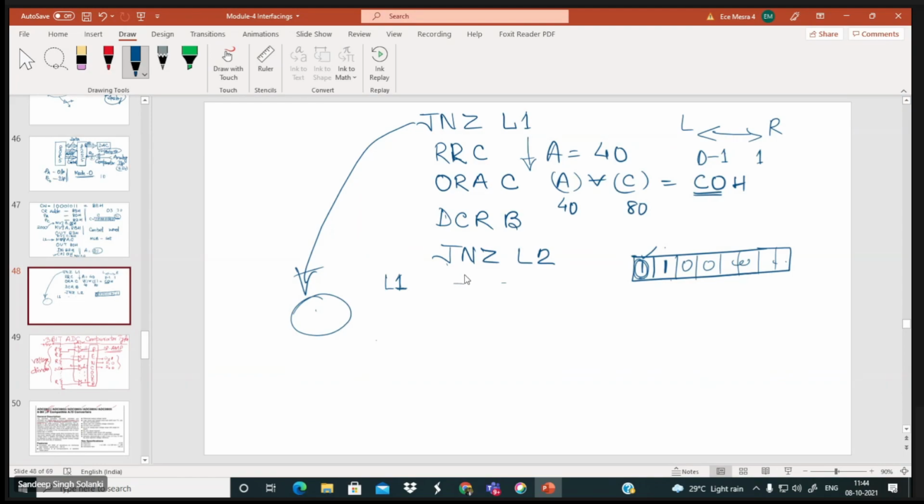Sir, I think we should directly go for DCRP here, because we don't have to set anything. Himanshu, you also think the same? Reset the MSB, I think.